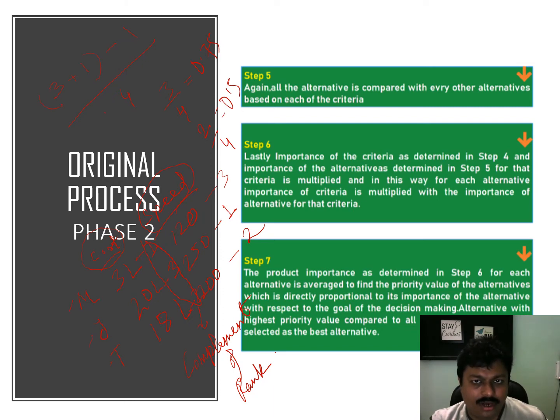And for Jaguar, this will be 4 minus 3 by 4, that is 1 by 4. So this will be basically 0.25. And for speed, this will be your 0.25. This will be your 0.75.